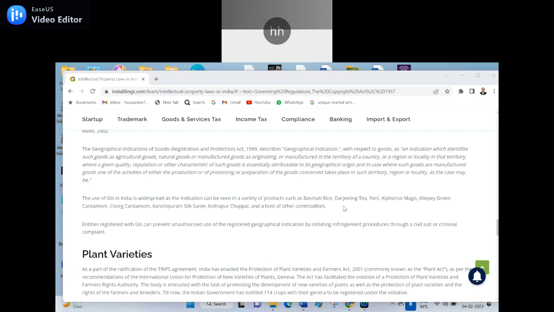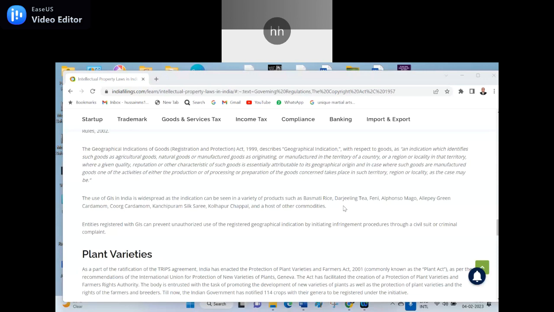Nagpur. Oranges, sir. Oranges. So in each place we have different entities for manufacturing the goods.